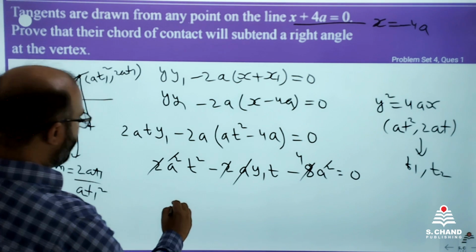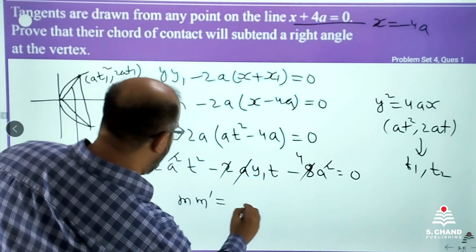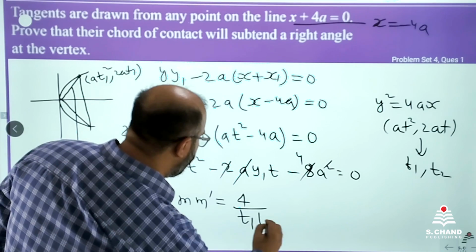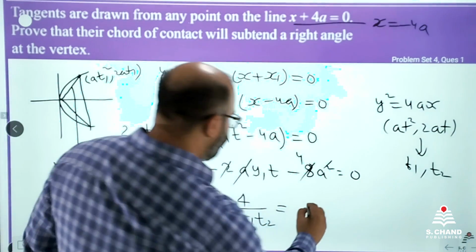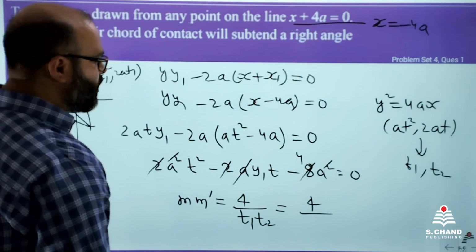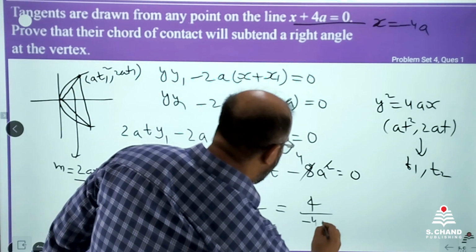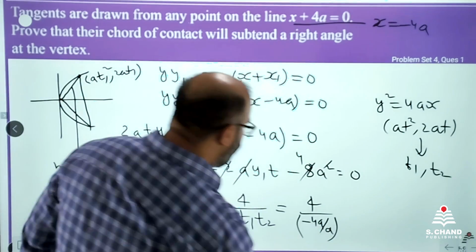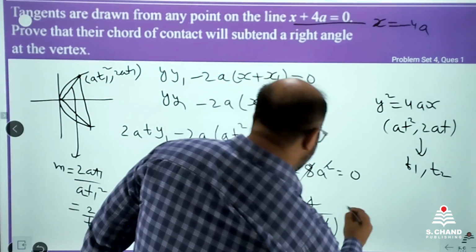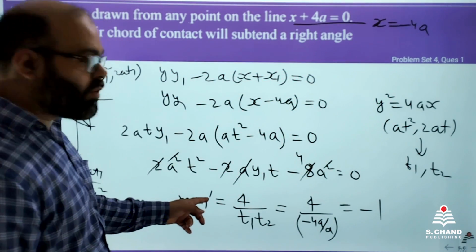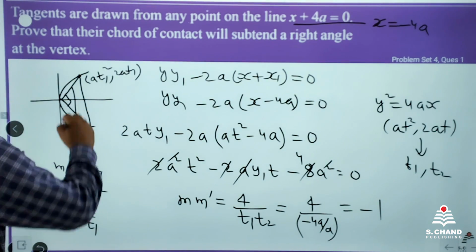So the product of the slopes m dash is equal to 4 by t1 t2. Now the product of the roots of this quadratic equation is c by a, which is minus 4a by a. This is the product of the roots of this quadratic equation in t, so this will be minus 1. Which means the product of the slopes is minus 1, so these two lines are actually perpendicular to each other at the vertex.